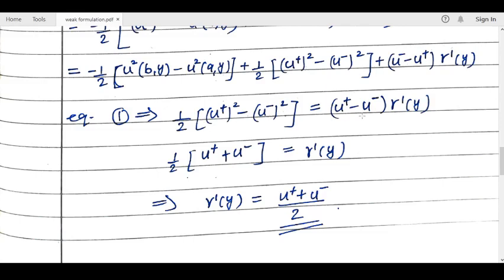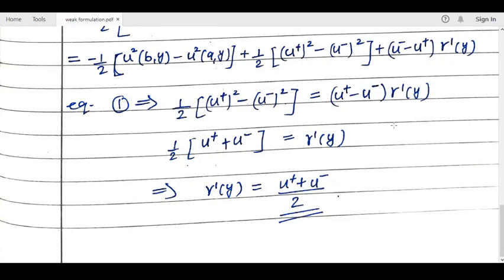This I have taken to the RHS, so this becomes u plus minus u minus times gamma dash of y. From here, this is of the form a square minus b square, so the common factor a minus b will get cancelled. So I'll have u plus plus u minus, by half, equal to gamma dash of y. So from here we get gamma dash of y equal to u plus plus u minus by 2.